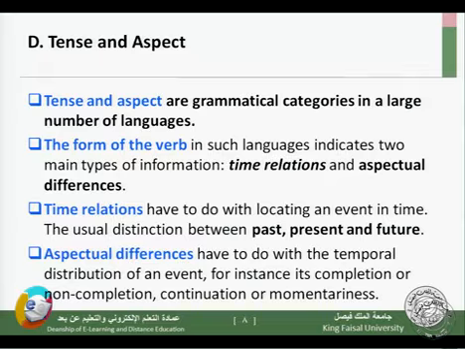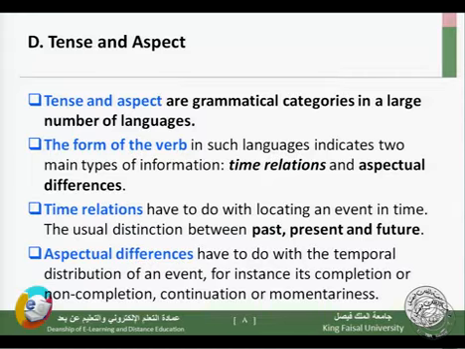Now the form of the verb in such languages indicates two types of information. Now we are talking about the verb. The verb has time relations and aspectual differences. The verb really determines the tense and the aspect. You need to look at the time dimension and the aspectual differences.